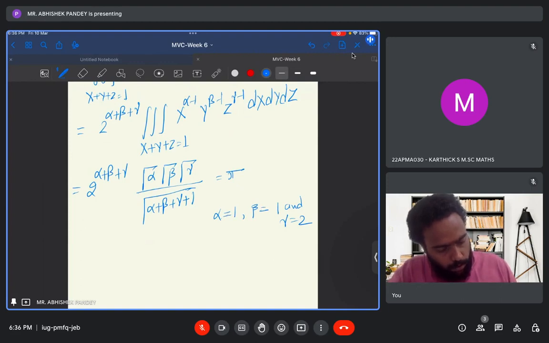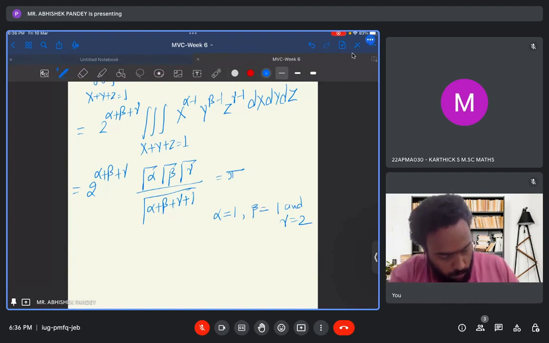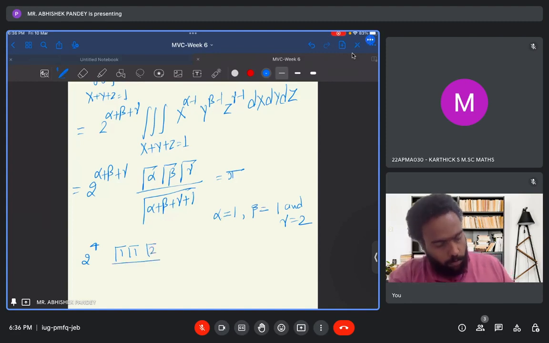So this will be 2 to the power 4, and this will be gamma of 1, 1, 2 upon gamma of 5.